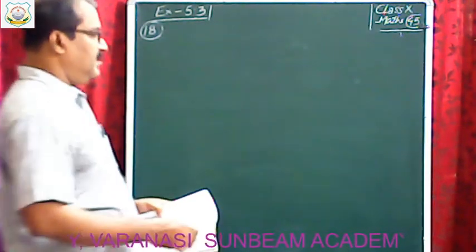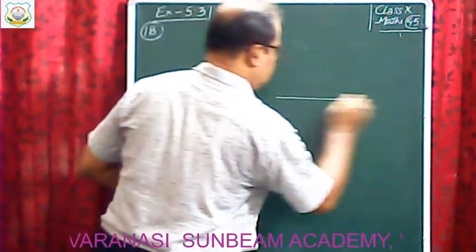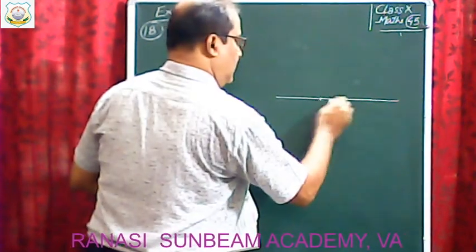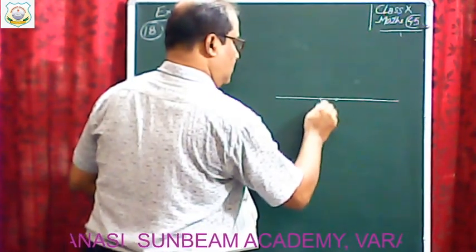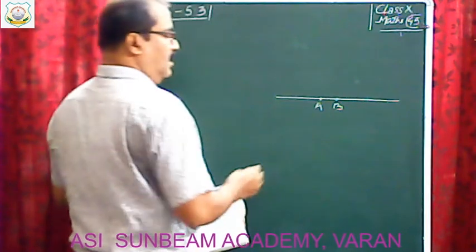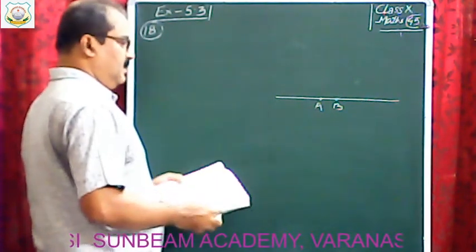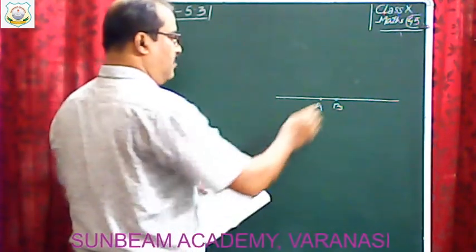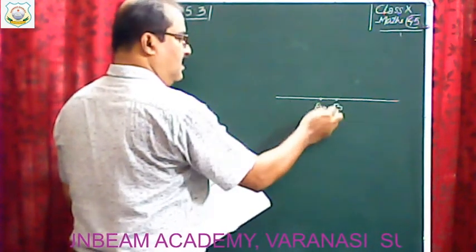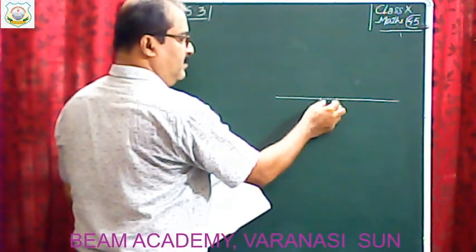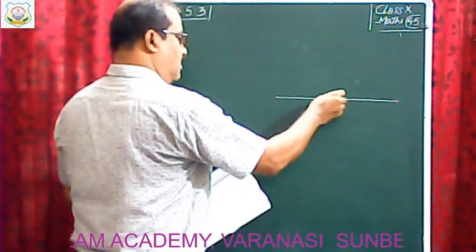Okay, let's see the figure first. A and B, there are 2 points. Taking A as center and 0.5 centimeter radius, the distance between A and B is 0.5 centimeter. Draw a semicircle.